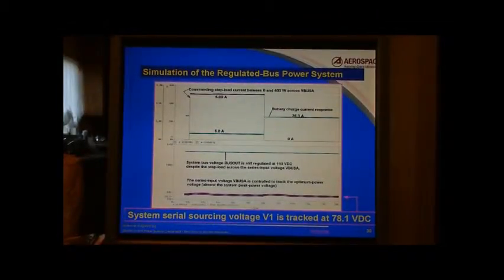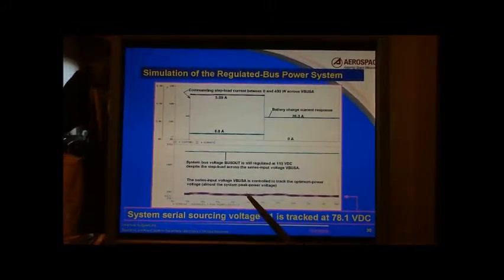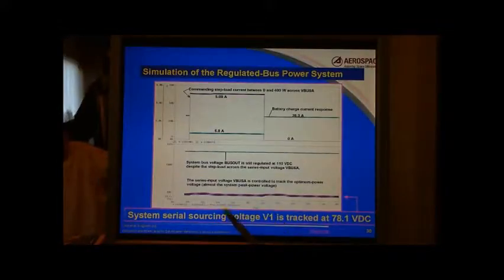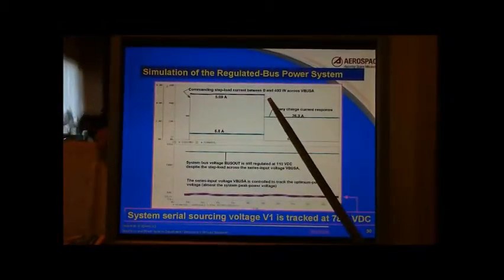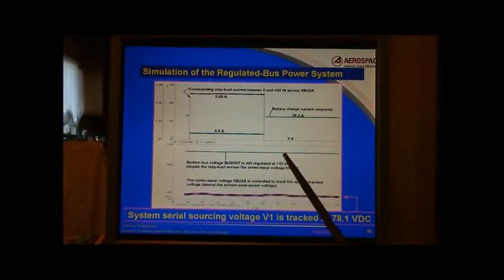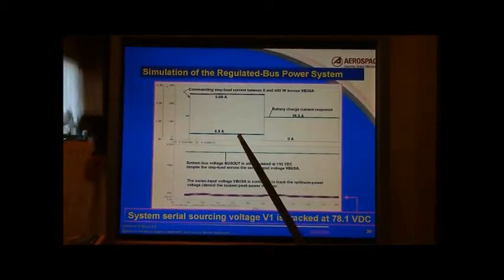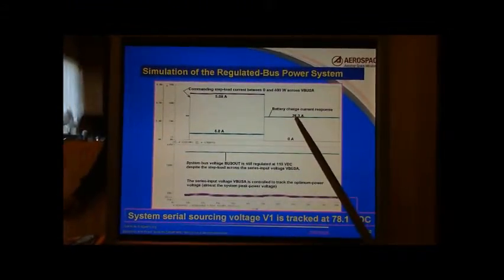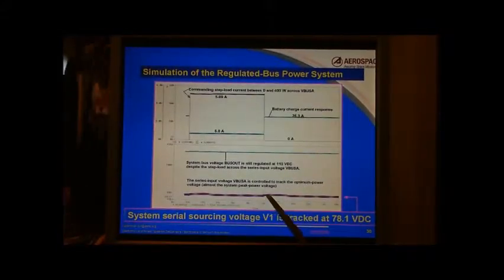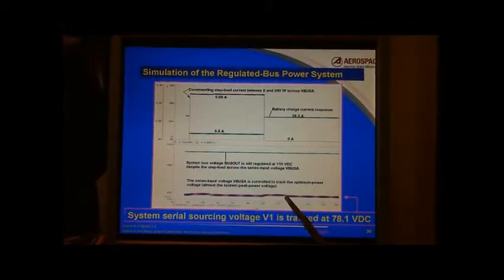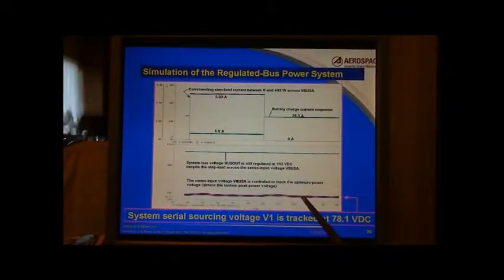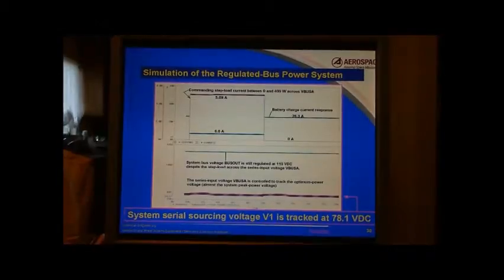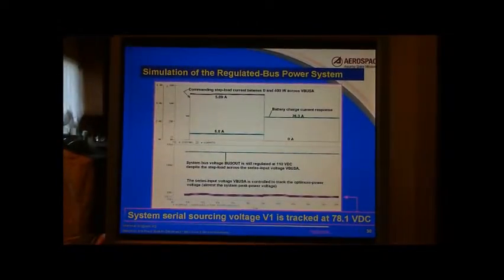The maximum power tracking stays engaged with some slight transient, but eventually restores back to the same total sourcing voltage of 78 volts. Even when the step load is restored back to 0 amp, while the battery increases the current to whatever the system can offer, 26.3 amp, some transient of the sourcing voltage may exist, but eventually it restores back to 78 volts, which is the system optimum power voltage.